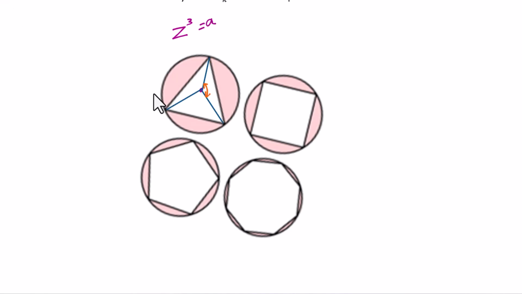The angle between two subsequent roots is 2 pi over n, which is 2 pi over 3, which is 120 degrees. Let's go to this inscribed square. All the points are the roots of z to the fourth power equals a. The angle between two subsequent roots will be 90 degrees.